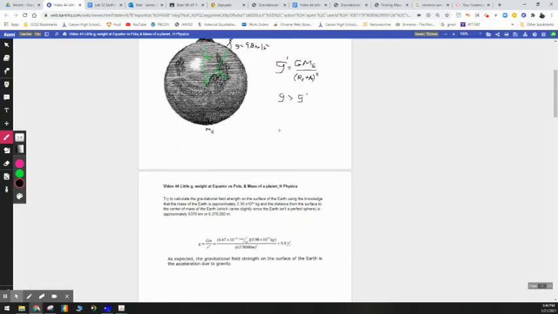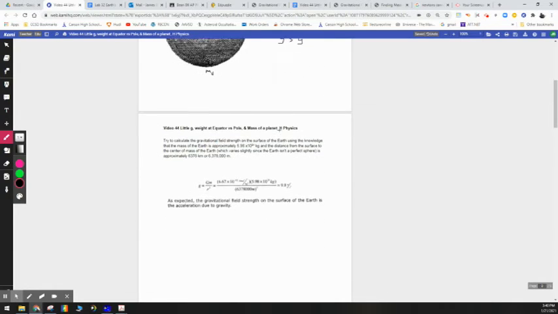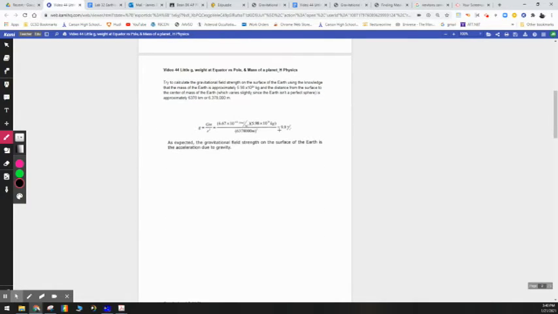If we go down here, it says to try to calculate the gravitational field strength on the surface of the Earth using the knowledge that the mass of the Earth is about 5.98 times 10 to the 24 kilograms. The distance from the surface to the center of the Earth, which varies because the Earth is a sphere, is about 6,378,000 meters.